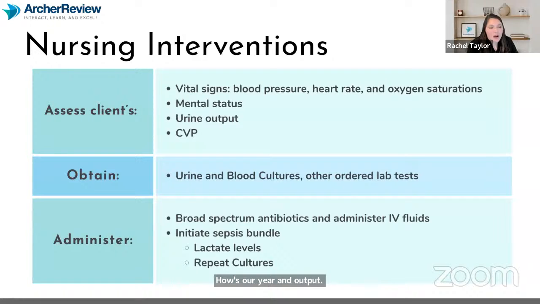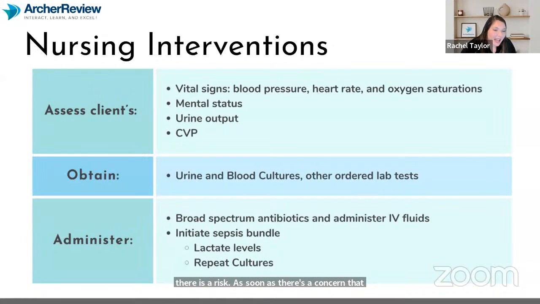And then we really want to make sure we're checking the urine. Do they have a UTI? And checking blood cultures. There is a chance, right, that they're not septic yet. There is a chance that they just have a really intense UTI. That's why we're checking all these things, though, because we want to initiate the sepsis bundle as soon as there is a risk, as soon as there's a concern that someone might be septic.